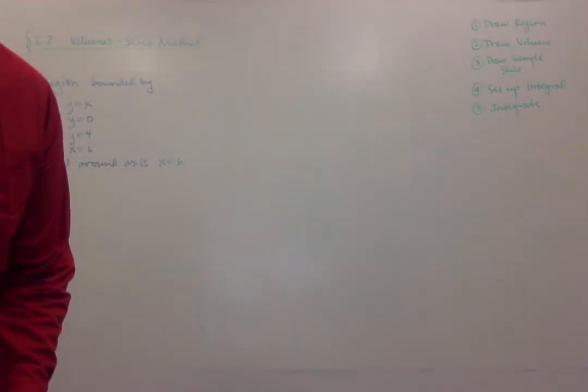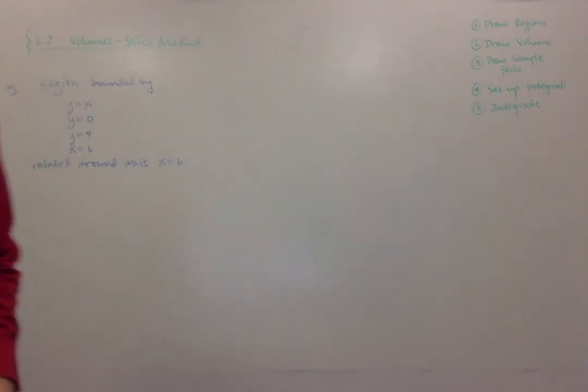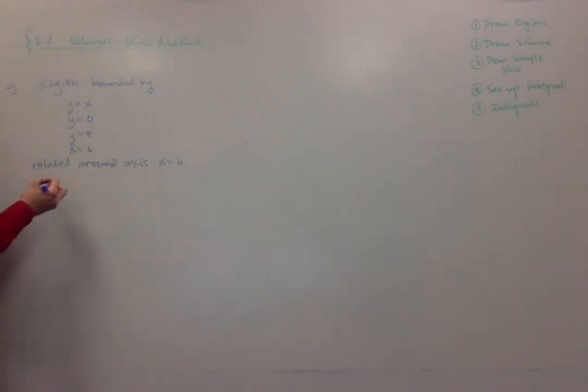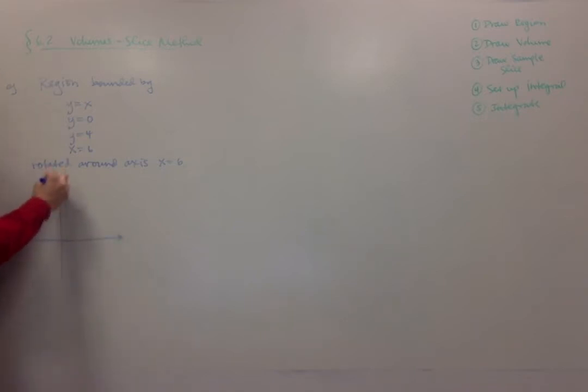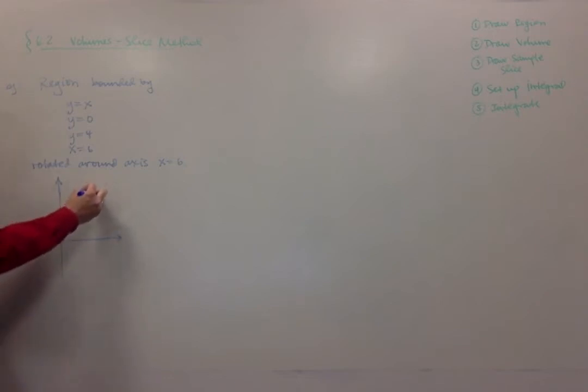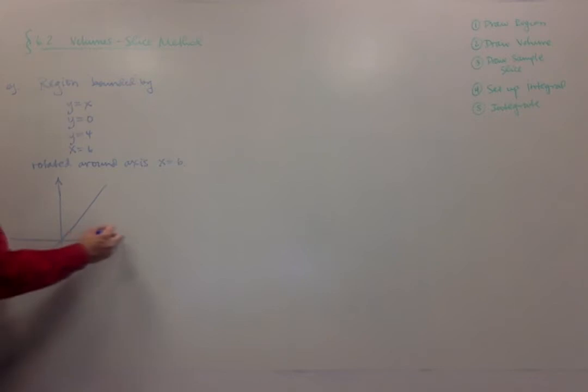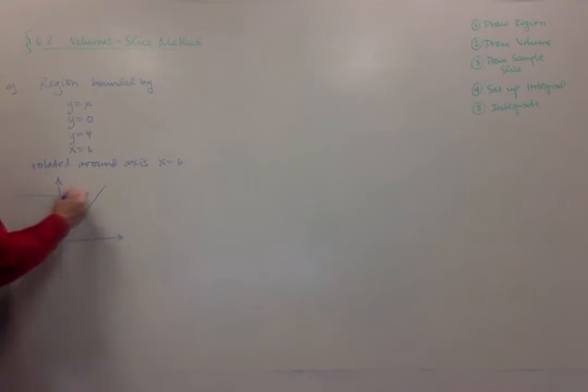Okay, so first, again, let's draw this region. So we've got y equals x, y equals 0, which is that x-axis, y equals 4, 1, 2, 3, 4. That's this part.